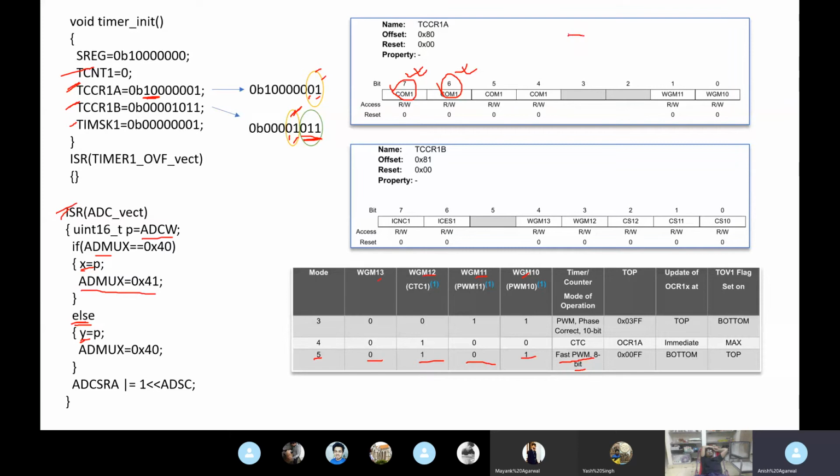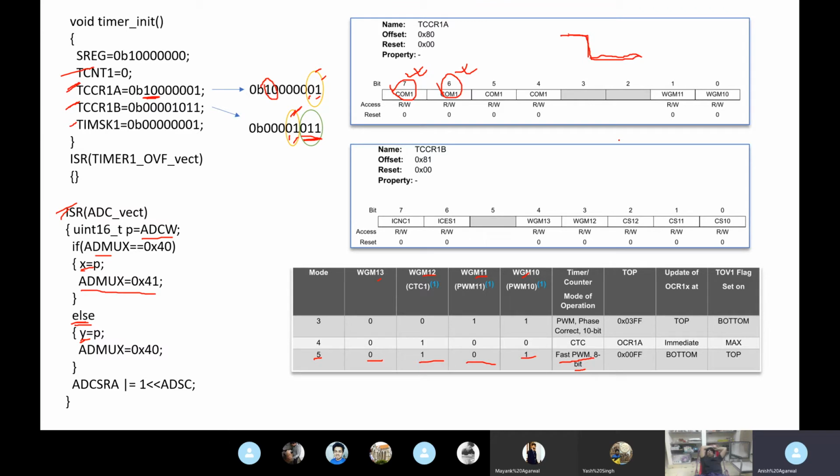Suppose it reaches 64. If we want a duty cycle of 25%, I have told it that as soon as you reach a value of 64, you clear the output. So it will lower the value to 0 volt, and until 255 it will stay 0. When I set these bits to 1, 0, it works in this mode. It is high initially, and as soon as it reaches the value of OCR1A, it becomes low till 255.